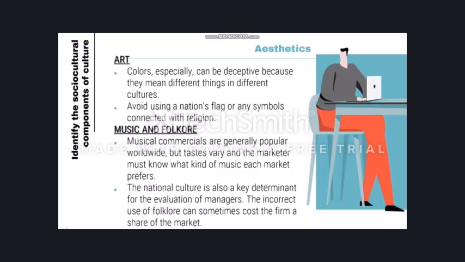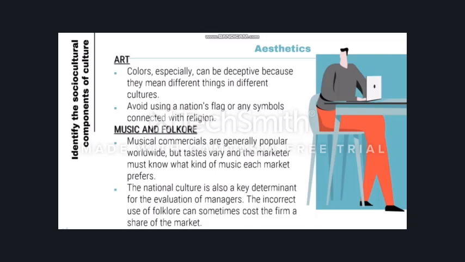First is aesthetics. Aesthetics pertains to a culture's sense of beauty and good taste, and is expressed in its art, drama, music, folklore, and dance. Of particular interest to international business people are the visual aspects of art, colors, and form, because of the symbolic meanings they convey.